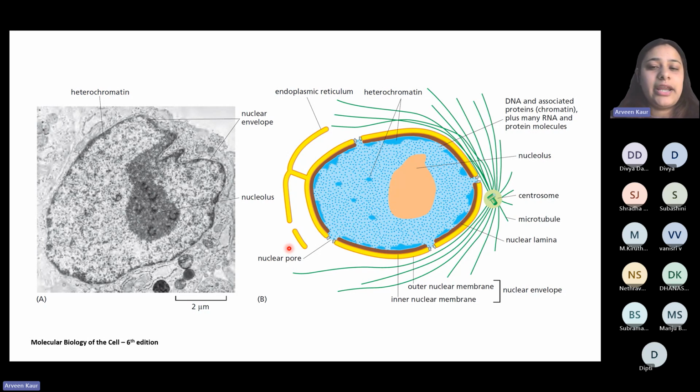Now we have discussed what heterochromatin and euchromatin is. Now let us see which one of these will be more transcriptionally active. So first recall what transcription is. Transcription is basically the relaying or the transfer of genetic information from a gene or a portion in the DNA to RNA, so that eventually this RNA will translate this information and form a protein.